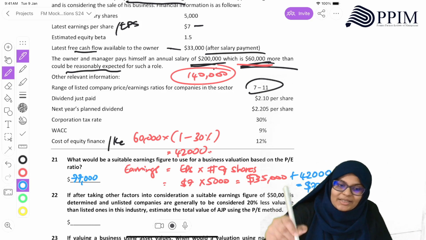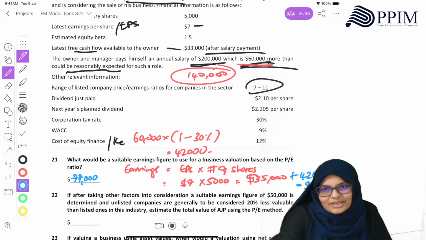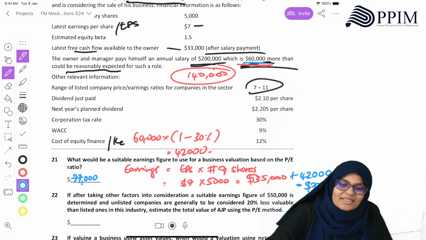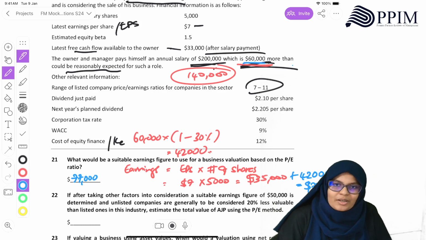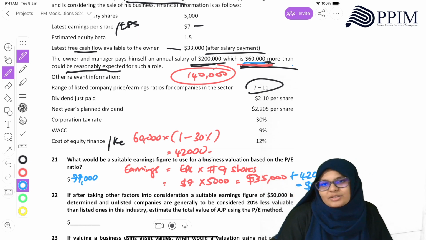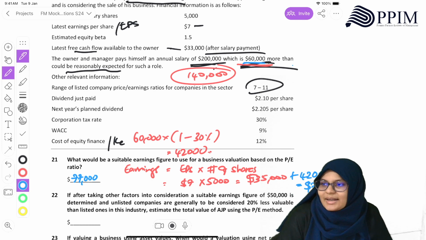Now that person's salary, we won't give the same 200,000. Earlier I gave it to you because you're the owner, you can decide. But in future, we won't give 60,000 extra because you can see they're saying 60,000 is more than could be reasonably expected for such a role. So the new person who comes in, we will give him maximum 140,000 because that's the market rate. So the remaining 60 will end up going to the shareholder. It won't come as a salary for the manager.